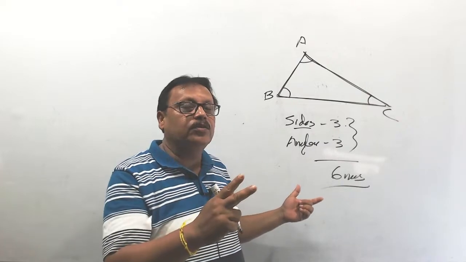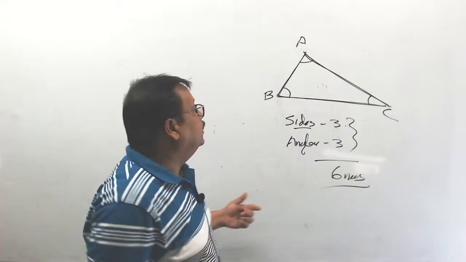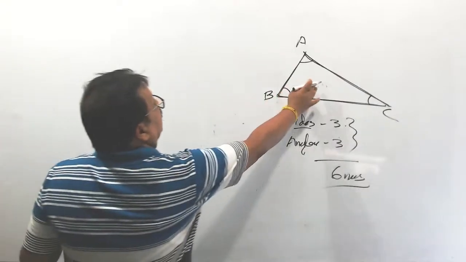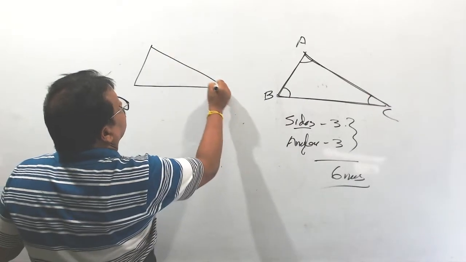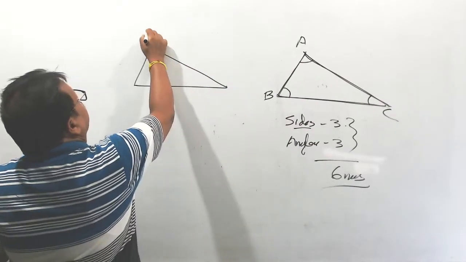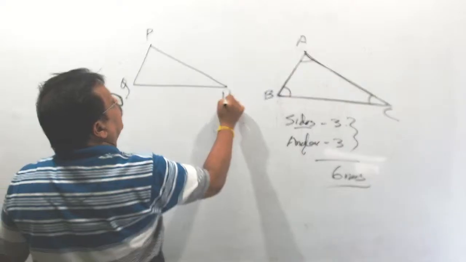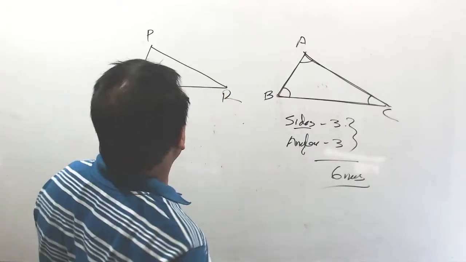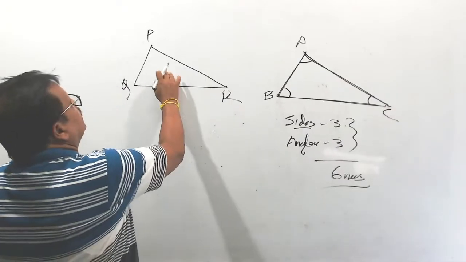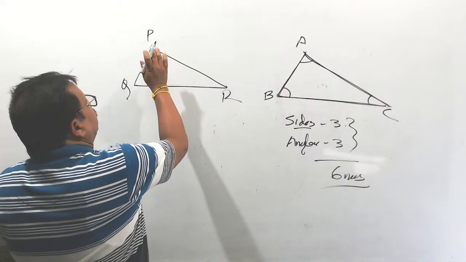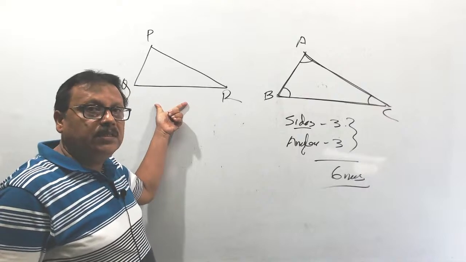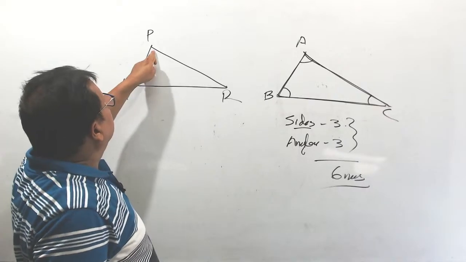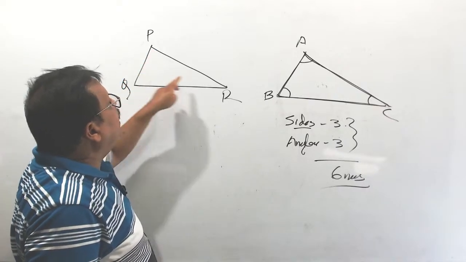Here is one triangle, and here is another triangle, say PQR. For triangle PQR there are also six elements, three sides and three angles.